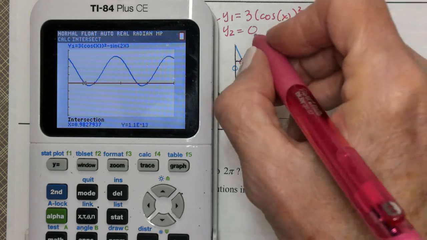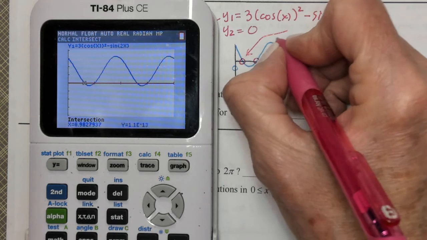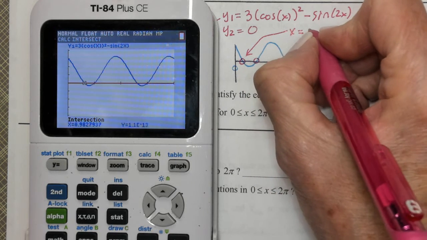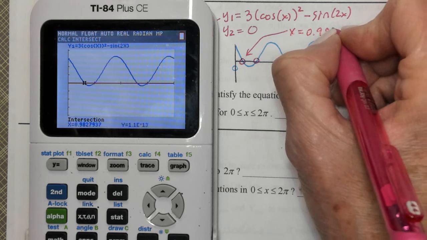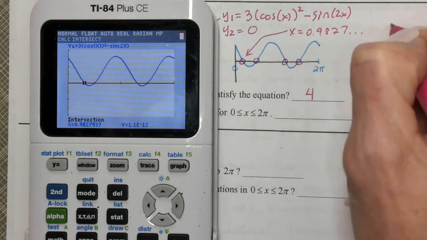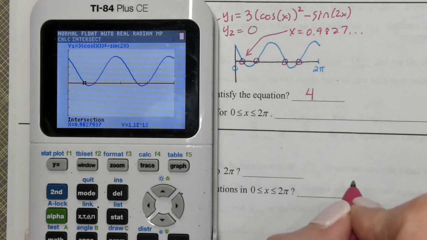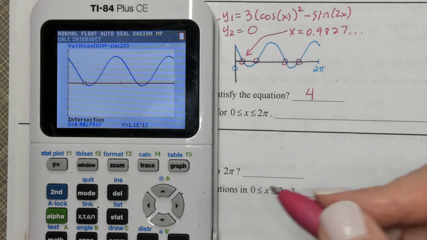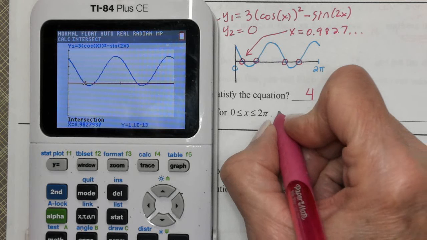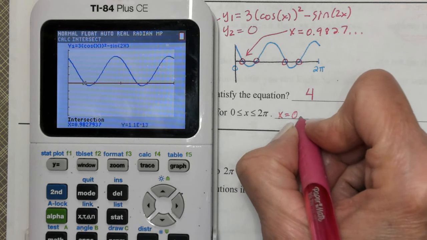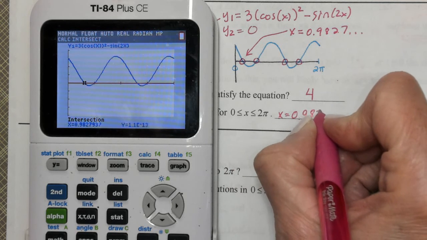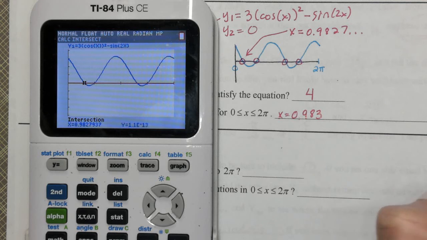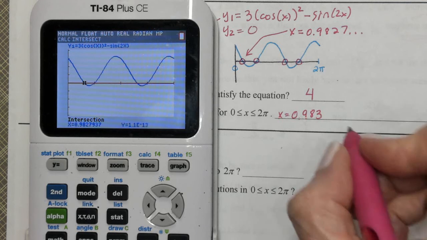Okay, so that first x value is 0.9827... Okay. Since in this problem we just have to list the answers, I'm just going to come down here and list that answer. And I am going to round it to 3 decimal places, so 0.983.